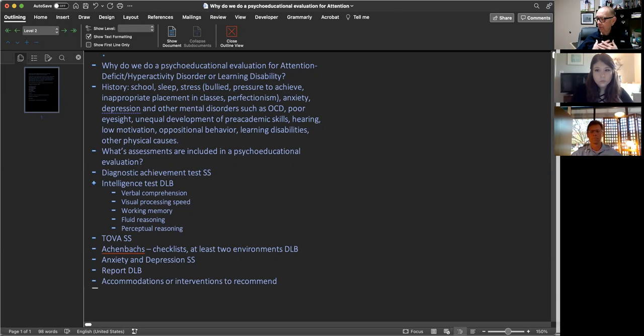What kind of physical condition is the person in? Do they have any kind of disease process? We're going to ask questions about sleep. Sleep is a big deal. It's kind of a core issue in all mental health, certainly with attention and concentration. If a person's sleep is disturbed, they're going to have difficulty paying attention sometimes.